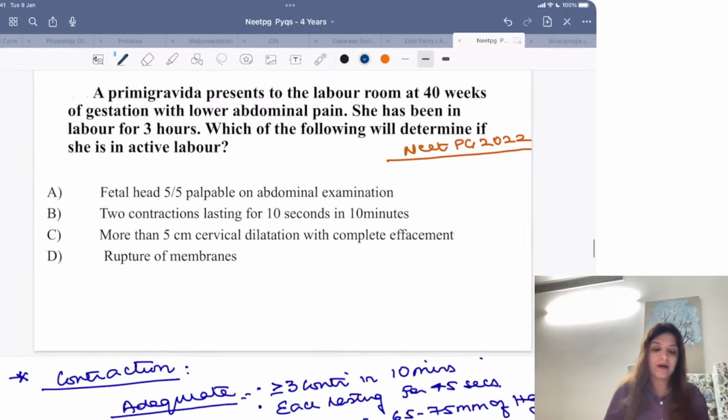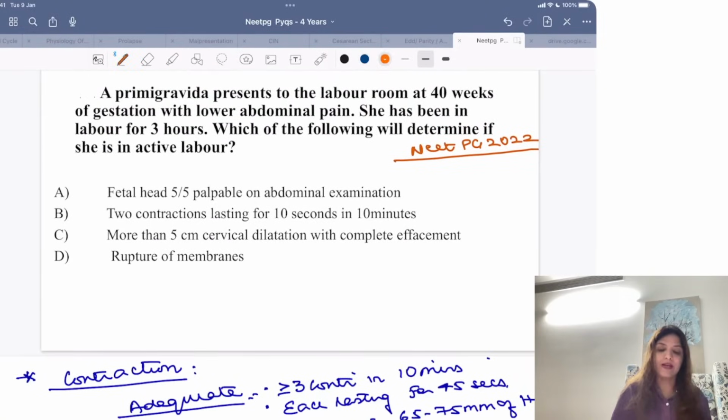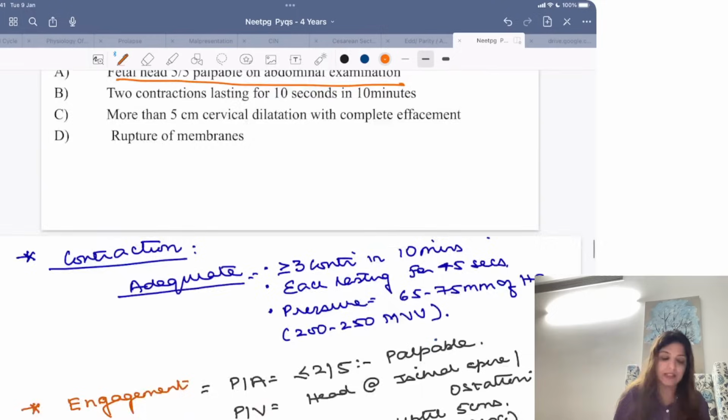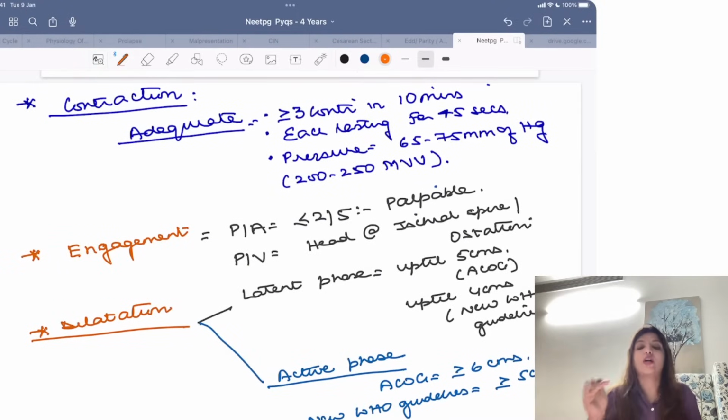Next question. A primigravida presents to you in labor room at 40 weeks of gestation with lower abdominal pain. She has been in labor for 3 hours, right? And which of the following will determine if she is in active labor? Fetal head 5 by 5 palpable per abdominally. If the head of the fetus is 5 by 5 palpable per abdominally, that means that the head is not yet engaged, right?